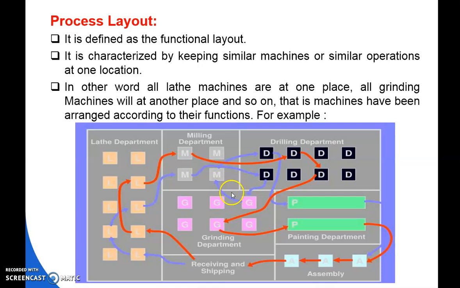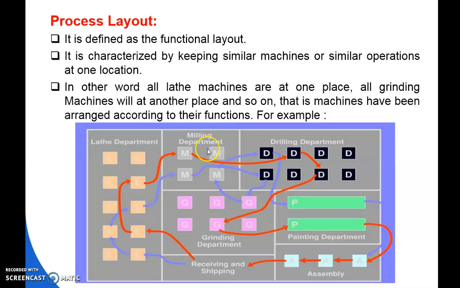It is characterized by all the similar kinds of machinery or similar kinds of operations being at one place. As shown in the figure, we have a process layout. Here, all the lathe machines are in the lathe department.